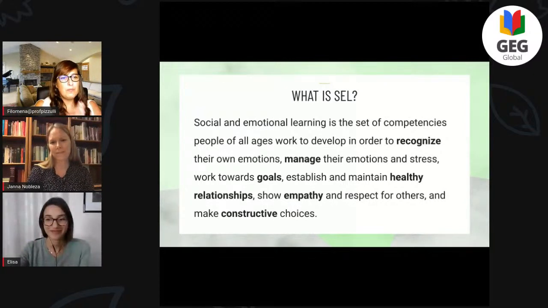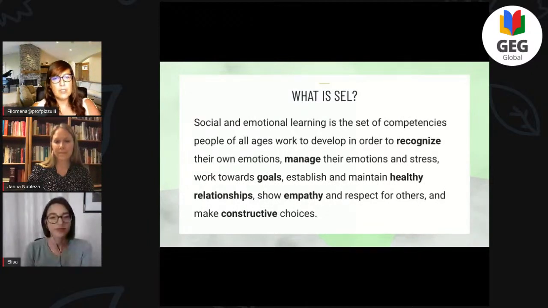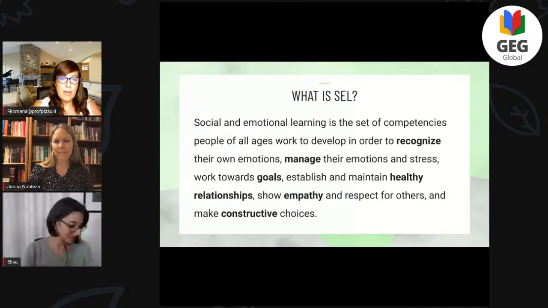We have to develop and recognize our emotions, accept also our emotions, manage them, and also establish and maintain healthy relationships with others, with students, with other teachers, with parents, and show empathy. And how important SEL is right now. After the lockdown, children and teachers came back to school.